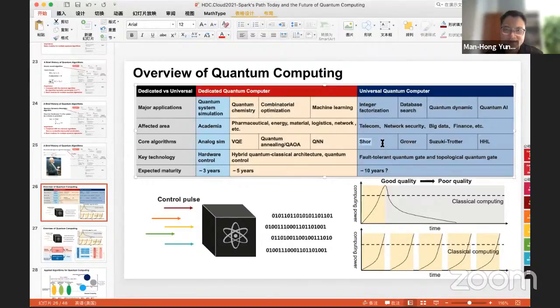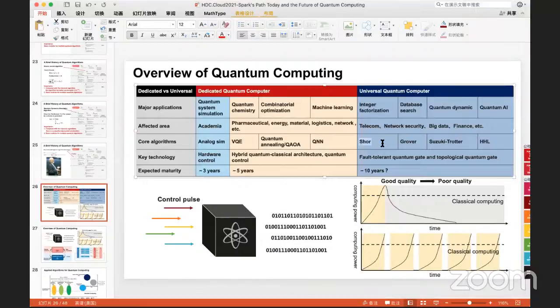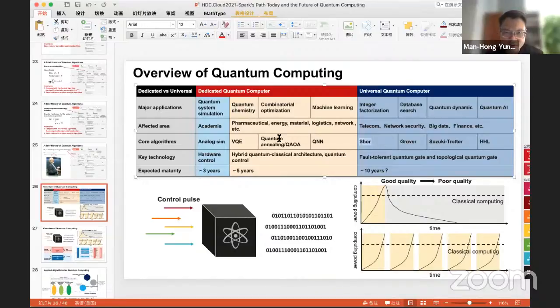Okay. Thanks. So is there some specific part that Huawei is concentrating on, for example, a specific algorithm? Yes, we're working on three directions: VQE, QAOA, and QNN. And I personally believe that maybe QAOA would be closer to finding practical applications.